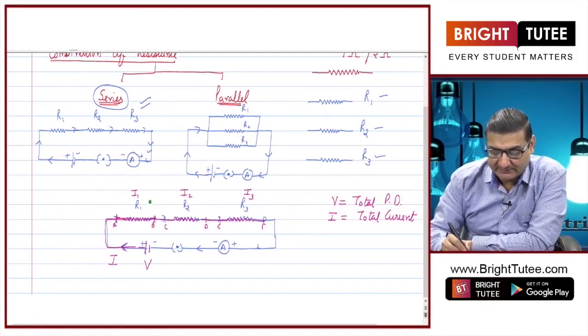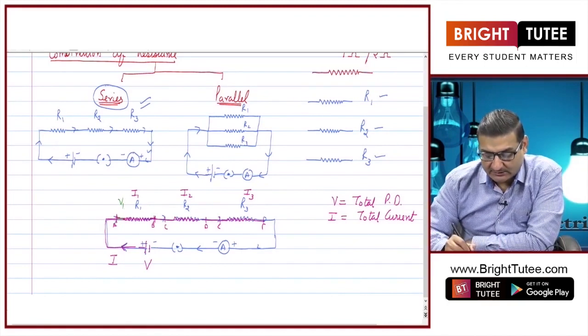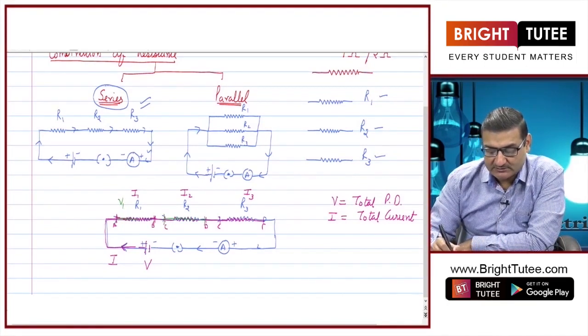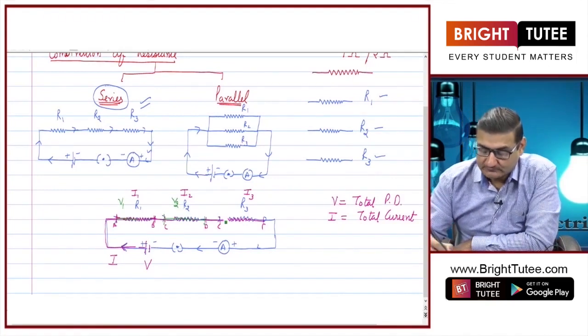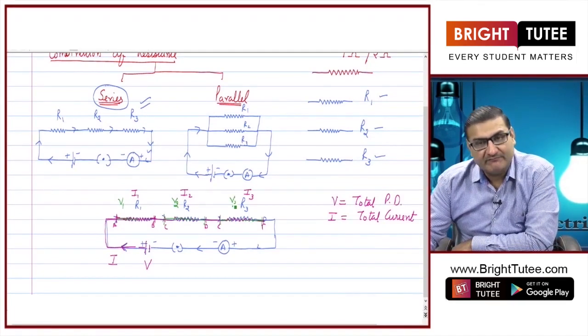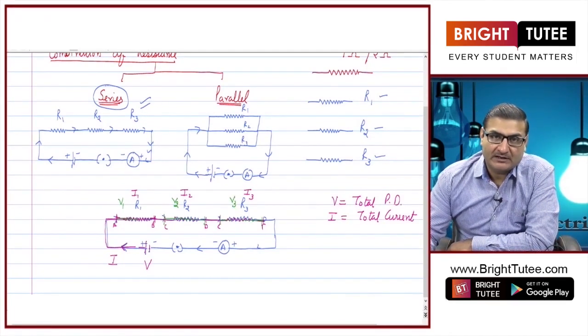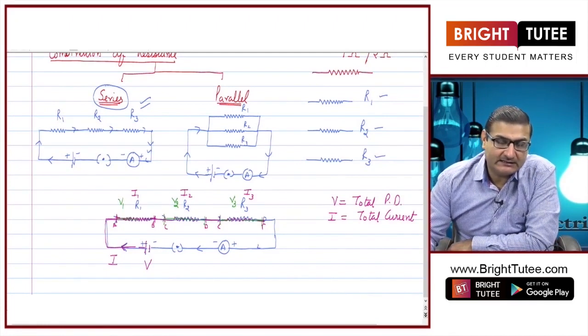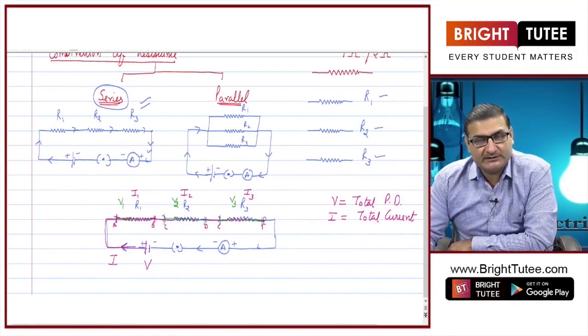Let that potential difference be denoted with V1 across the first resistance. Let the potential difference across the two ends of the second resistance be V2, and across the two ends of the third resistance be V3.